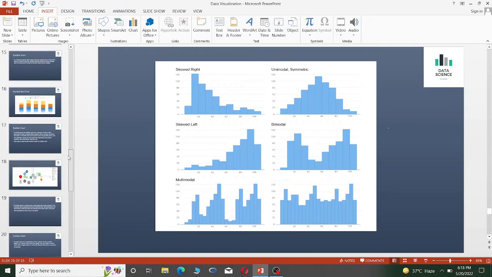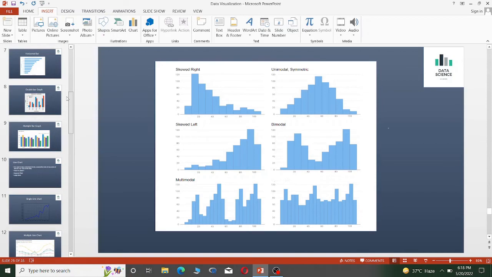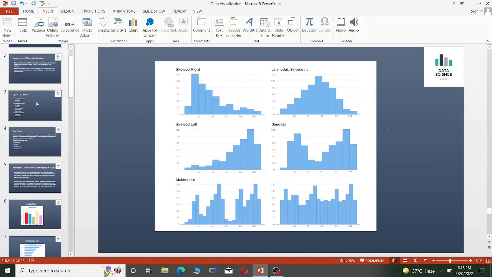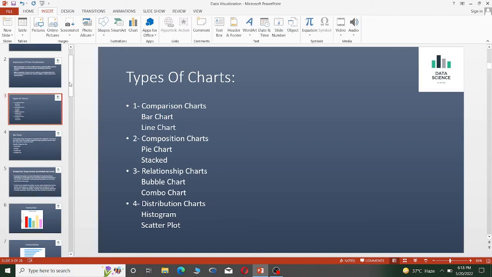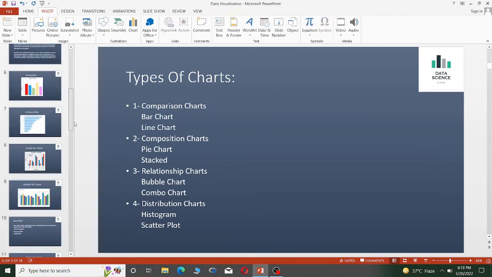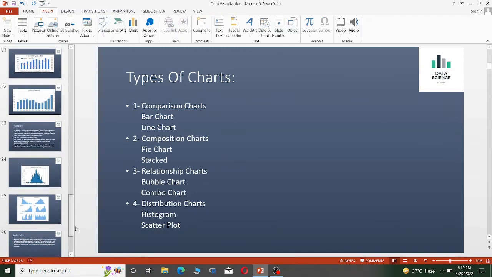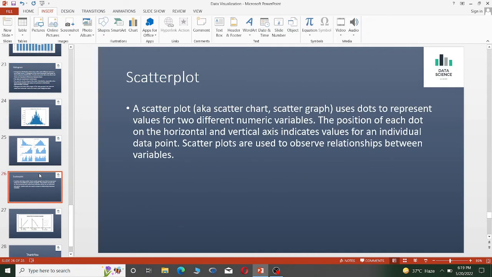So this is all about histogram, guys. Now we can move ahead. The last thing that is left is the scatter plot. Basically, it will come under distribution charts, but it is heavily used to detect the relationship between two quant variables.